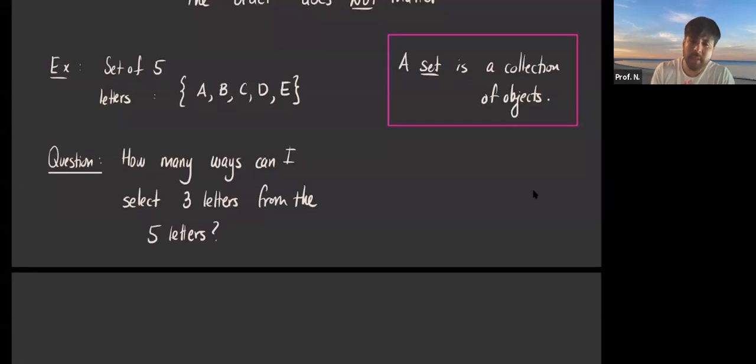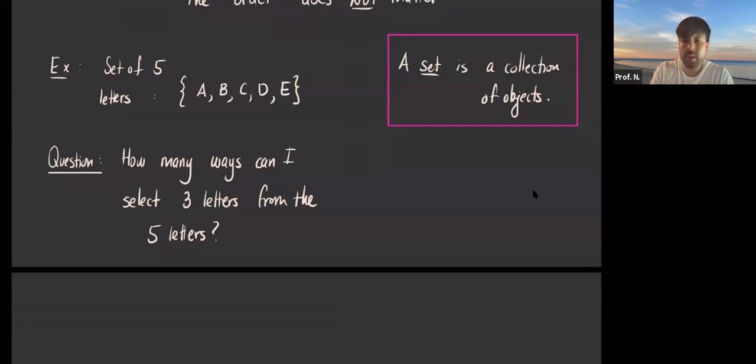Does everyone see the distinction with this question compared to the questions from the previous examples? In the previous examples, we cared about the ordering of things, like how many people are in the line and so on.